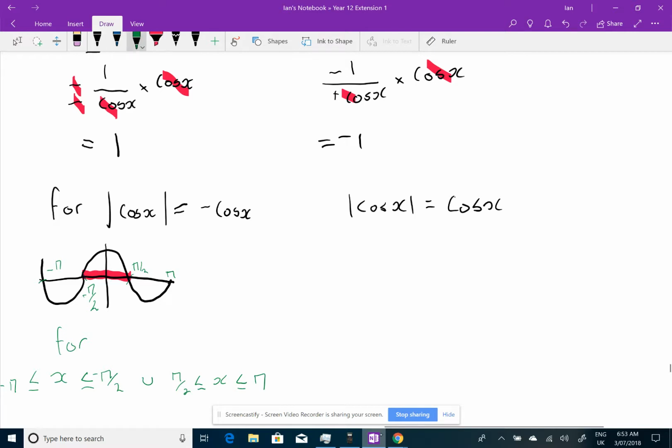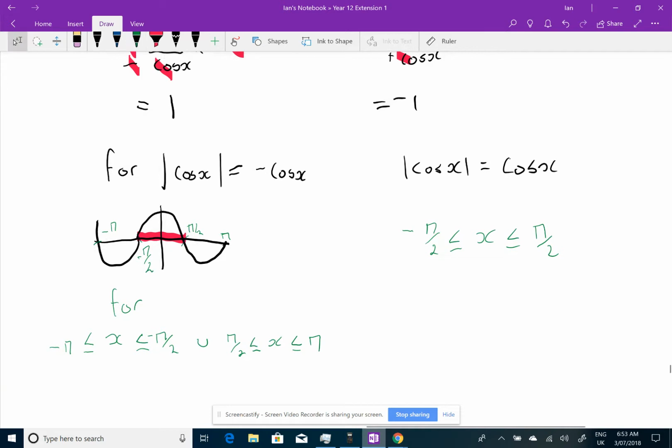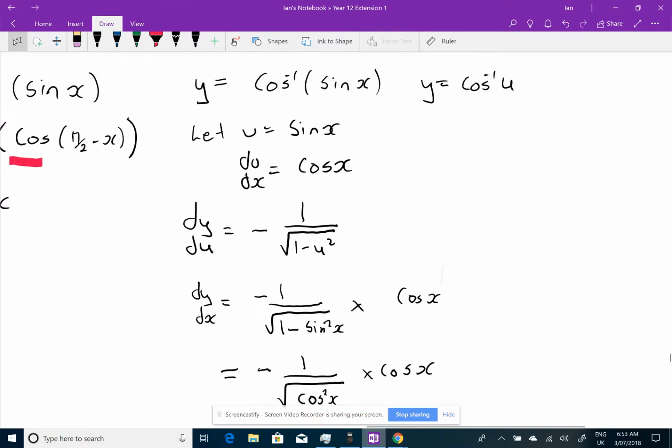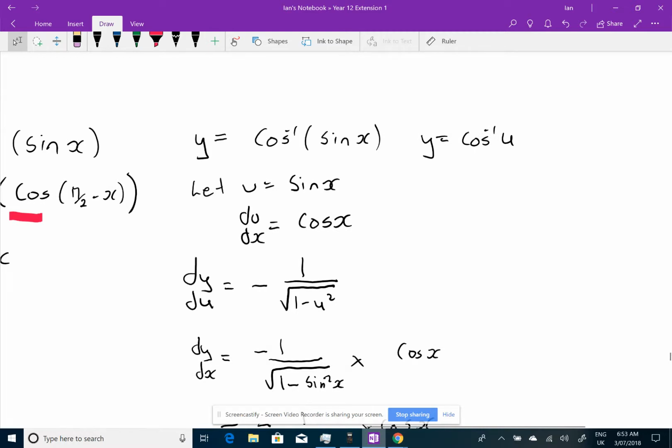So this will happen in those parts. And outside that, we get the positive 1. Now that's going to restrict our domain. Remember, that's the derivative. That's going to restrict the domain of this function.